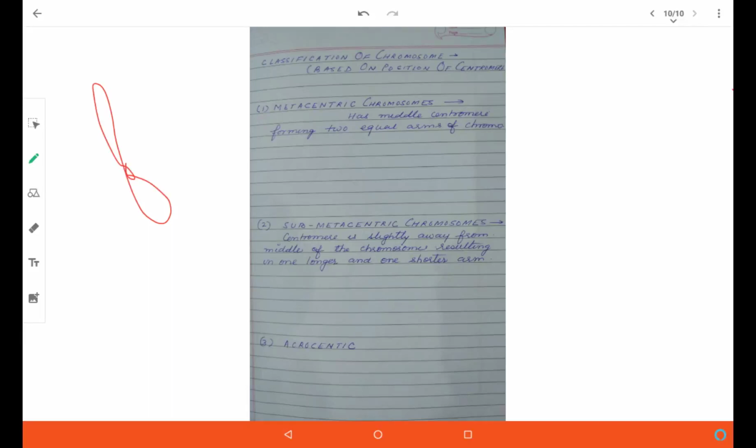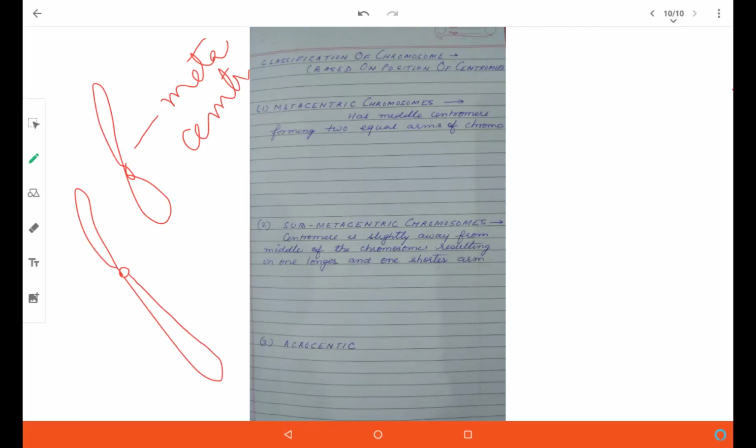When the centromere is slightly displaced from the center, towards the distal end, such a chromosome is called submetacentric. This is submetacentric chromosome.